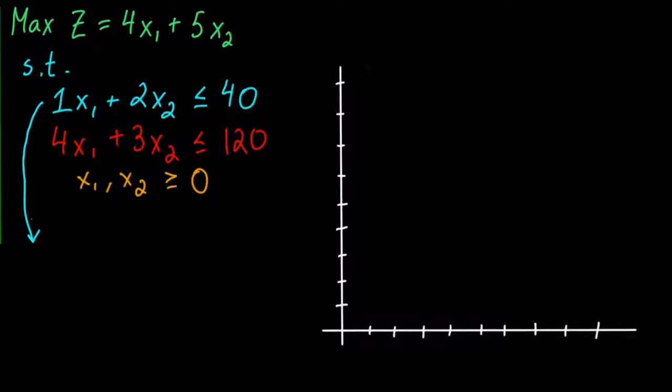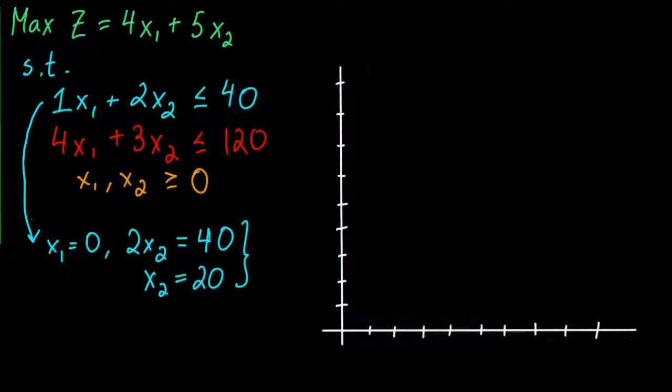Let's say if we have x1 equal to 0, then 2x2 would be equal to 40. We'll assume this is a line for now and then take care of the inequality later. So then x2 would equal 20, and our first point will be 0, 20.